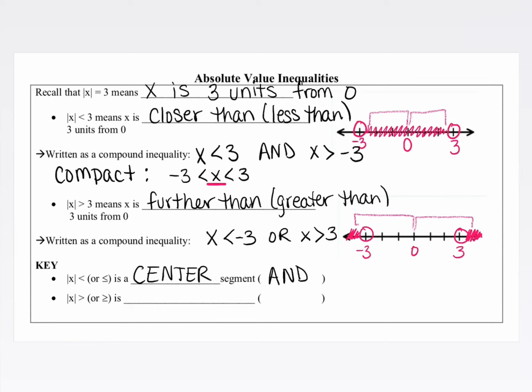On the other hand, if we have the absolute value of x is greater than or equal to, we're going to shade in opposite directions, so we have two tails. This is for an or absolute value inequality. A trick that I personally like to use is I think of less than and less than. And if we have greater than, greater than, greater than, that helps me, just kind of that little phonetic.